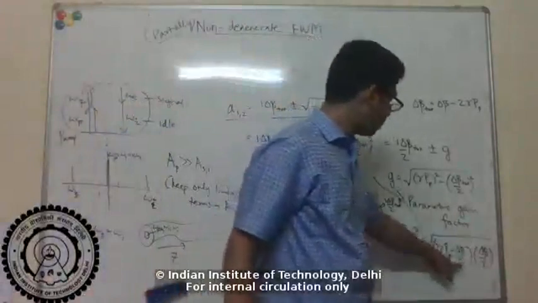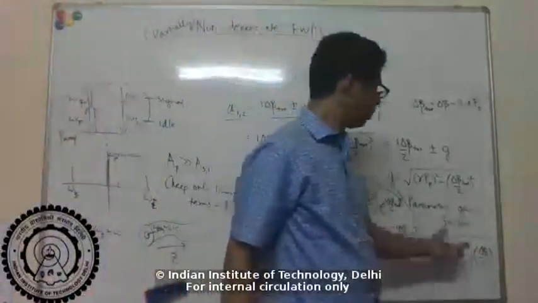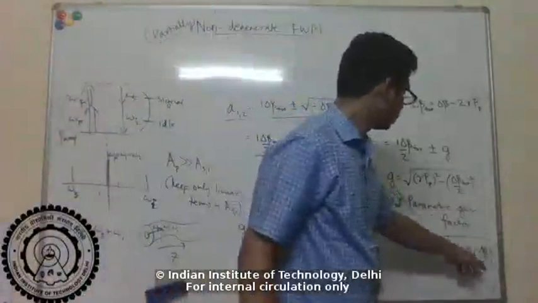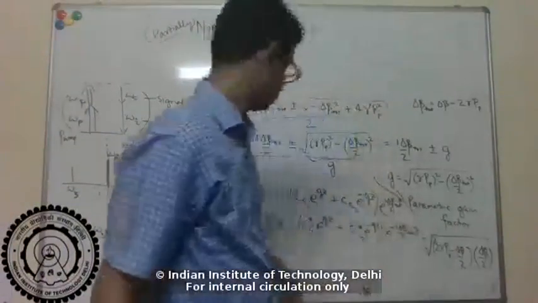And again at delta beta equal to 4 gamma p, it is 0 again. In between, it's some real quantity. And beyond those, like at less than 0 and greater than 4 gamma p, it's imaginary.